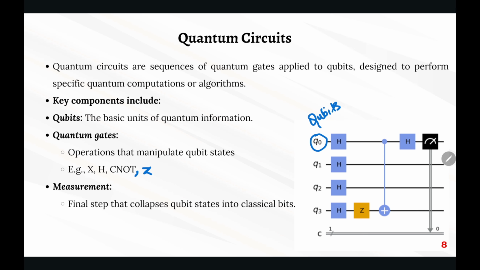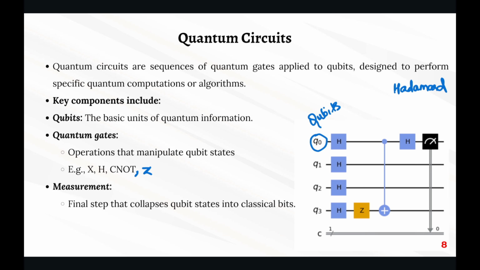Your H stands for the Hadamard gate, whereas your Z is also a gate and C naught is represented by the XOR symbol. Remember the ways the gates are represented.